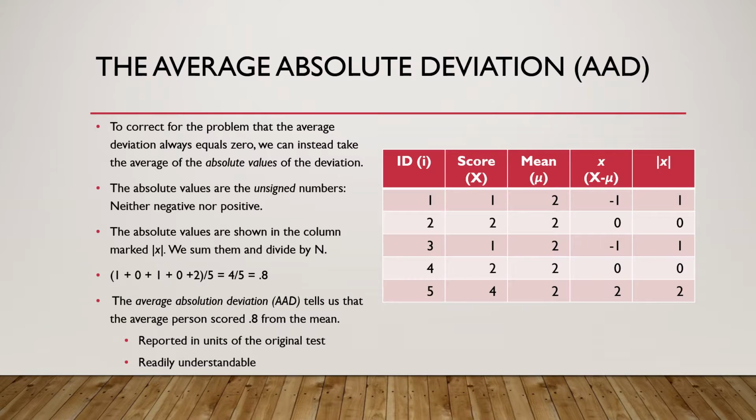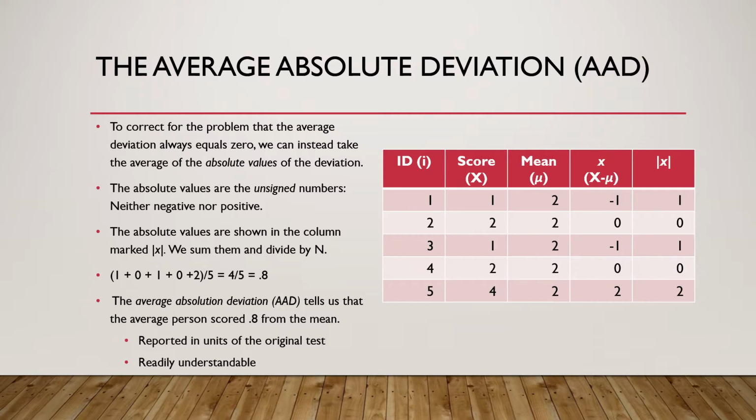Another option is to calculate the average absolute deviation. To correct for the problem that the average deviation always equals 0, we can instead take the average of the absolute values of the deviations. The absolute values are the unsigned numbers, neither positive nor negative. The absolute values are shown in the column marked x, with the bars on either side.